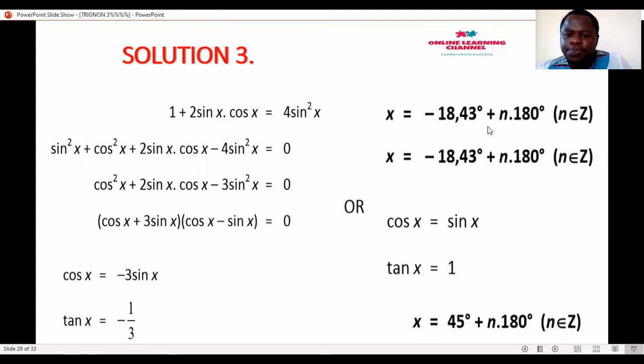So now all your x will be equal to, so when you say arc tan of negative 1 over 3 will give you negative 18.43 plus n multiplied by 180, because that's tan. Okay, n is an element of an integer.